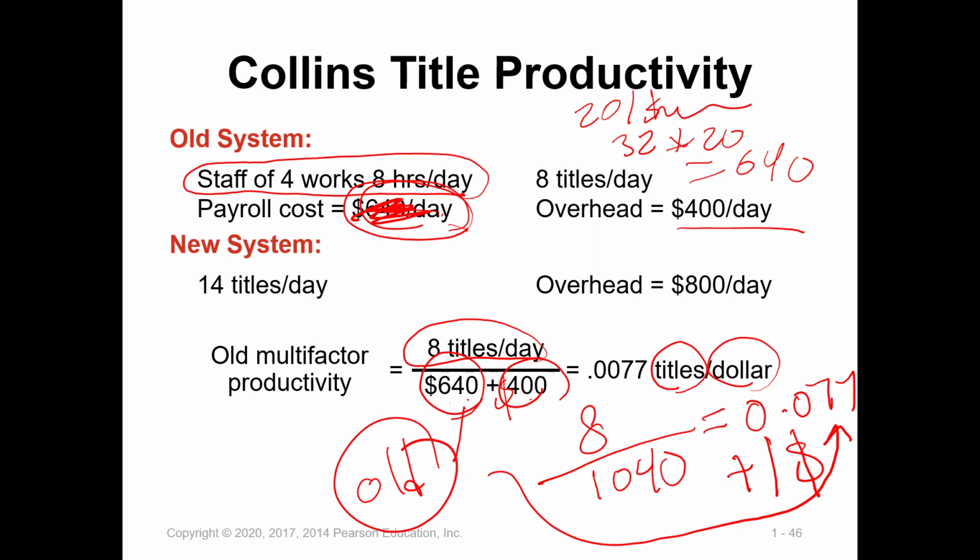And we have 640 for the payroll. So 640 plus 400 is 1040. So we have 8 divided by 1040, which gives us 0.0077 titles per dollar. For each dollar we spend, we make 0.0077 title.